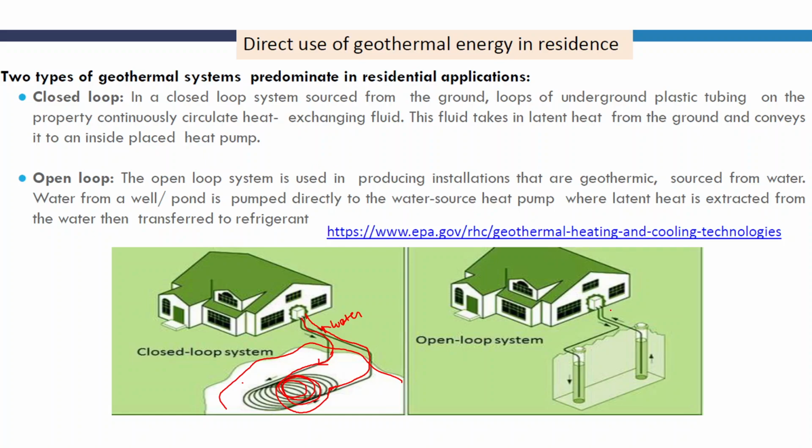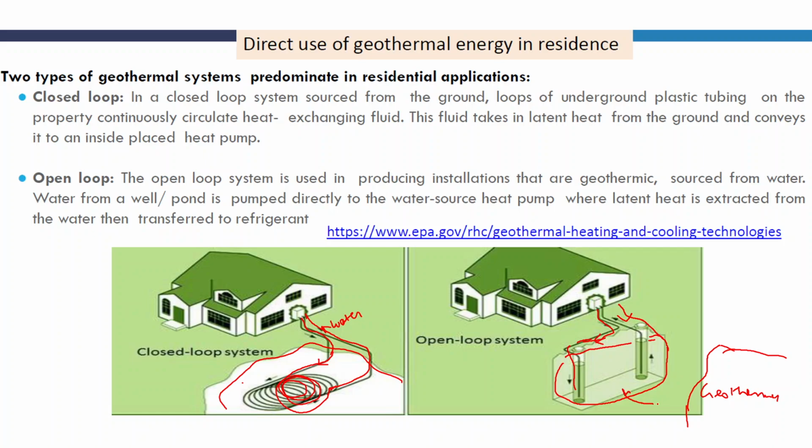Coming to the open loop, suppose this is a water chamber we have made. We take hot water from this pipeline, and suppose there is some area from where we can take geothermal energy.